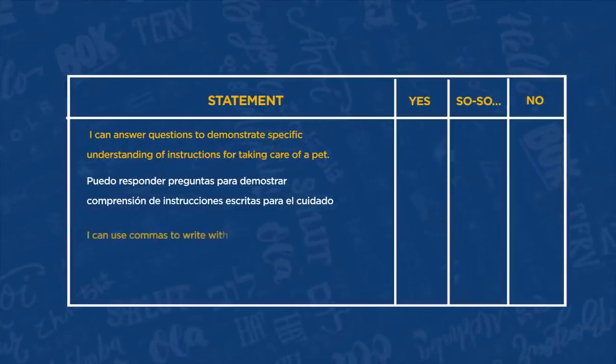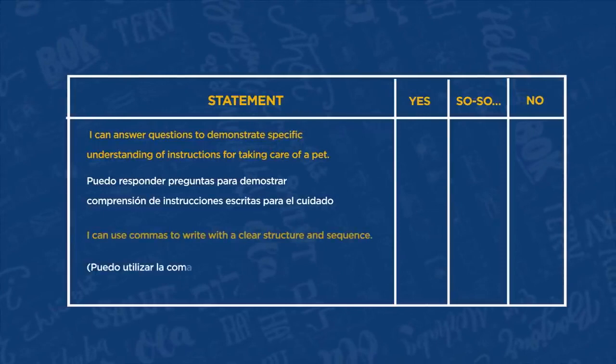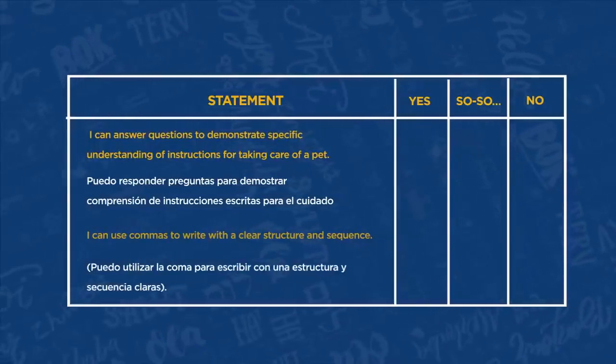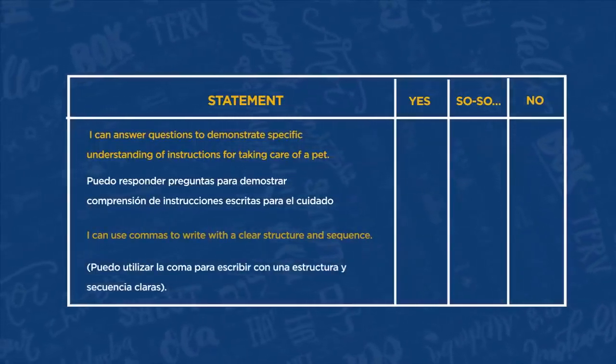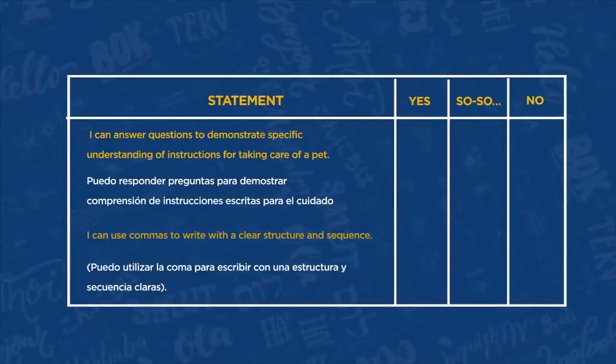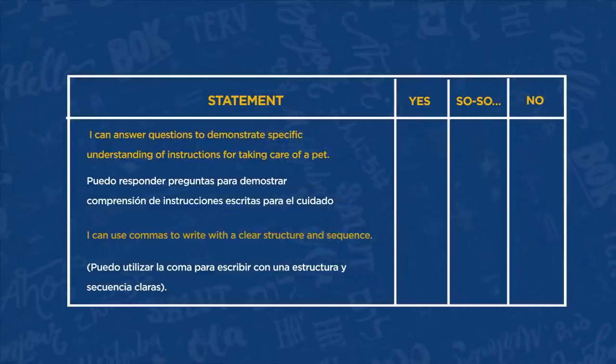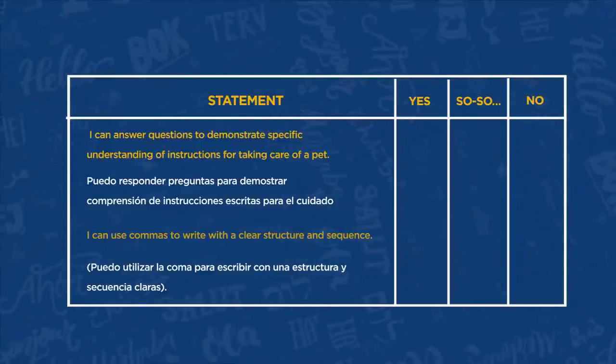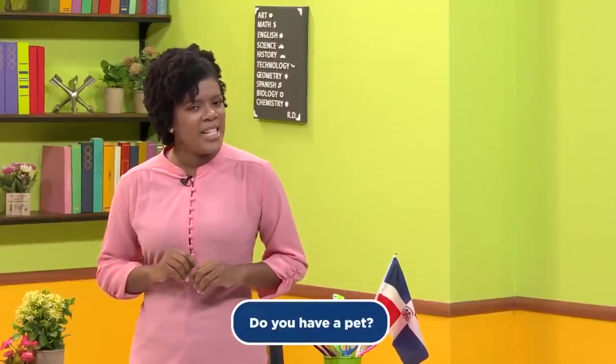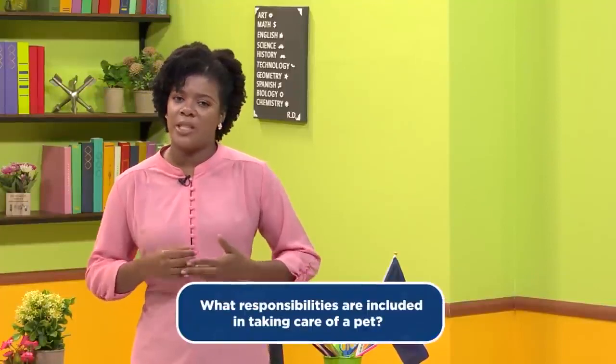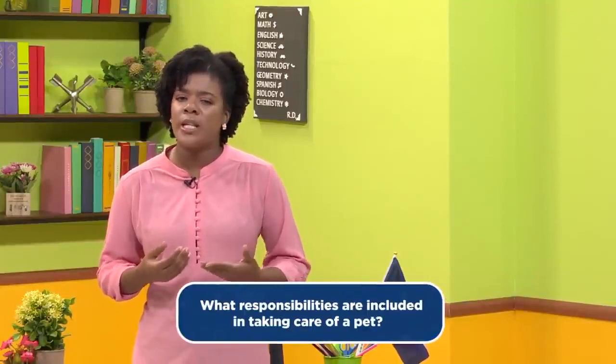I can use commas to write with a clear structure and sequence. Puedo utilizar la coma para escribir con una estructura y secuencia claras. Do you have a pet? ¿Tienes una mascota? What responsibilities are included in taking care of a pet? ¿Qué responsabilidades se tienen al cuidar a una mascota?